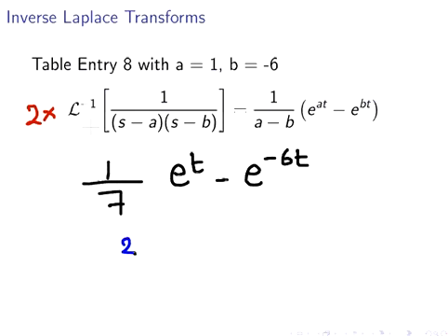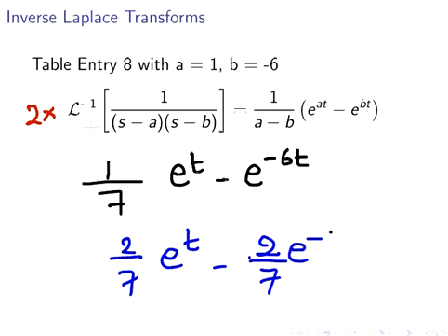So the answer we're looking for is actually 2 over 7 times e to the t minus e to the minus 6t. Actually, I should probably put brackets there just to make it clear. This is for the second term.